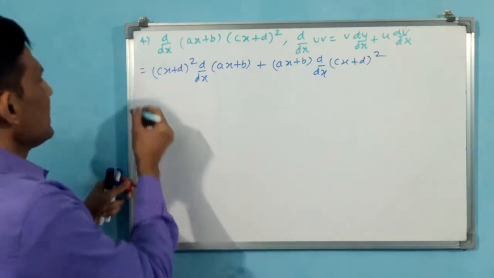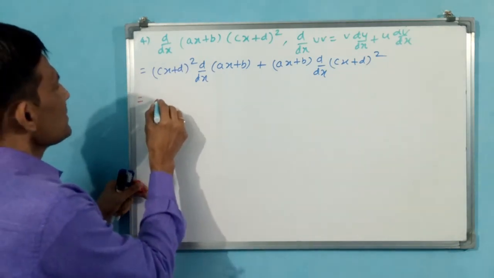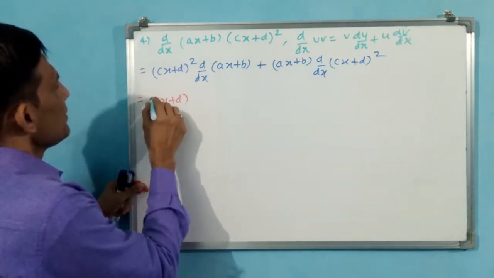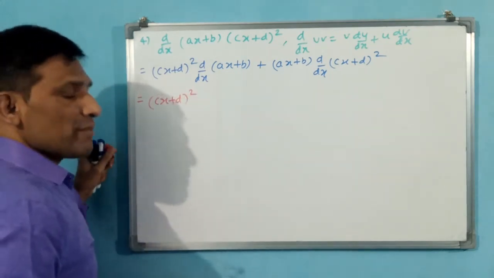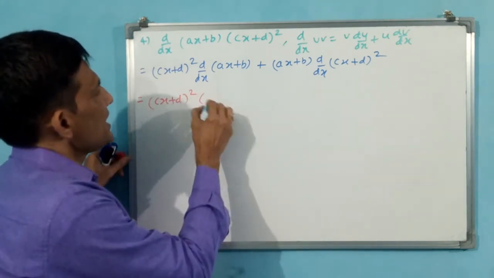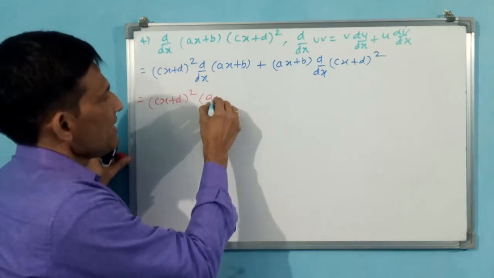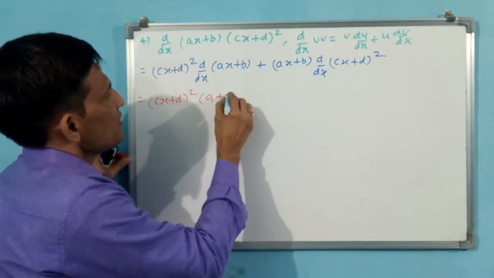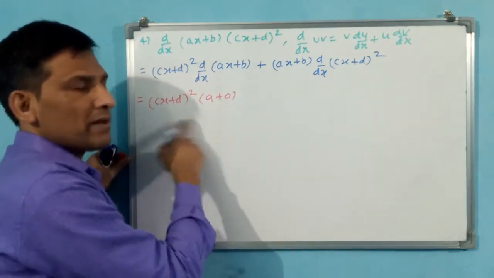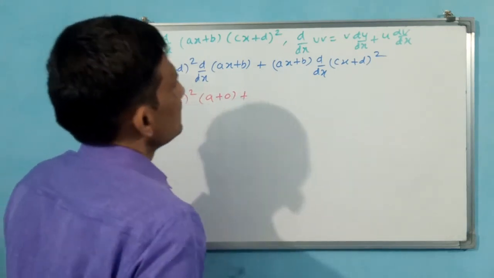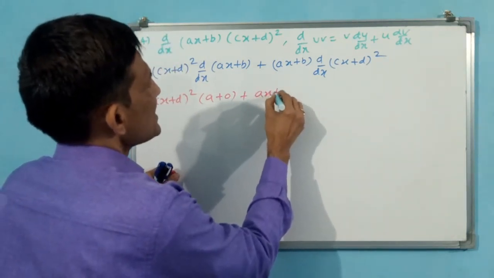Like this one it will be. D by dx ax plus b: d by dx ax is a plus d by dx b is 0. A plus 0 means into a, we will multiply afterwards. Plus ax plus b.